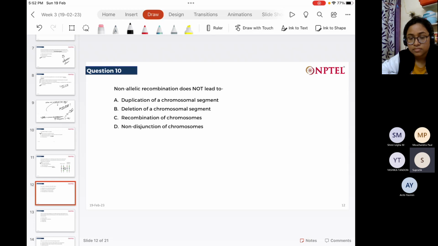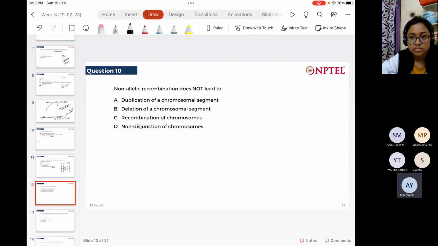So I think it should be the recombination of chromosomes. What about others? Do you guys agree with him? Arshi, what about you? I think you unmuted yourself. Do you agree with Supratik?